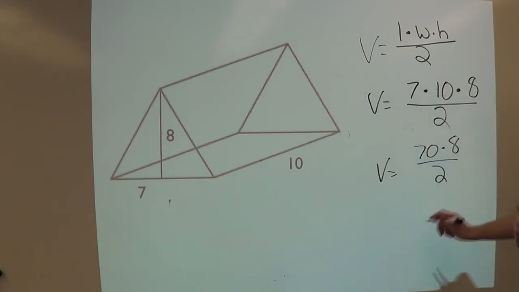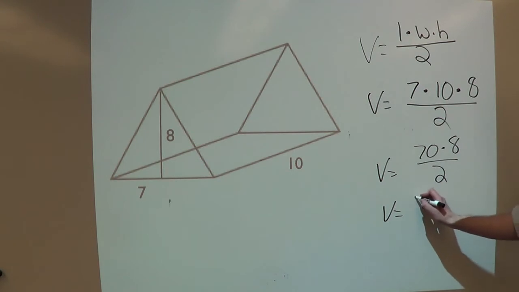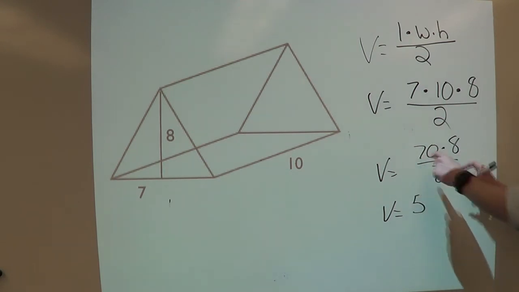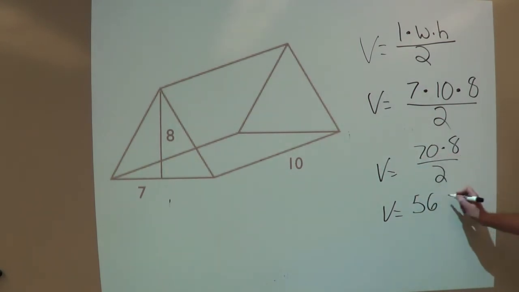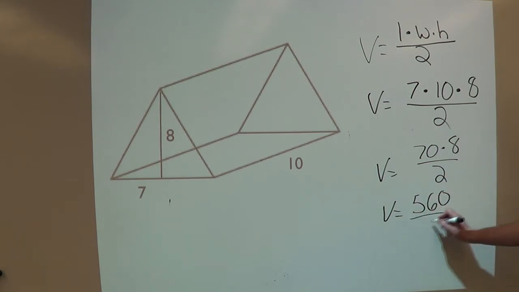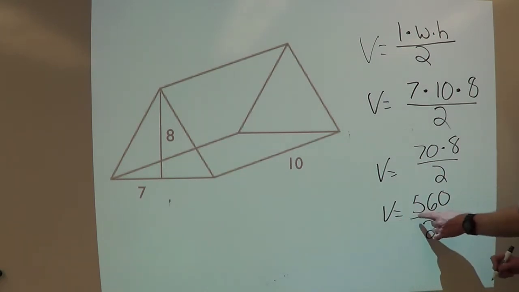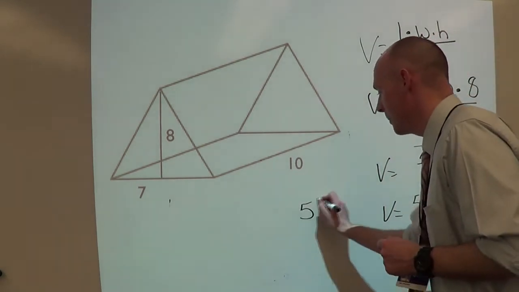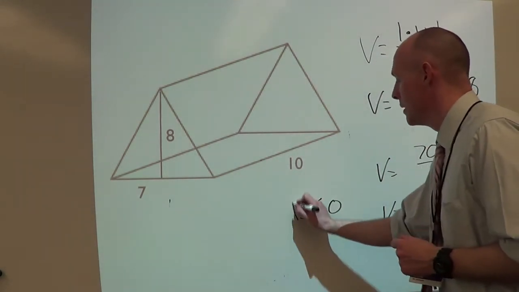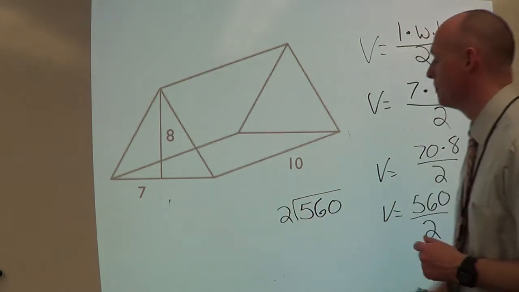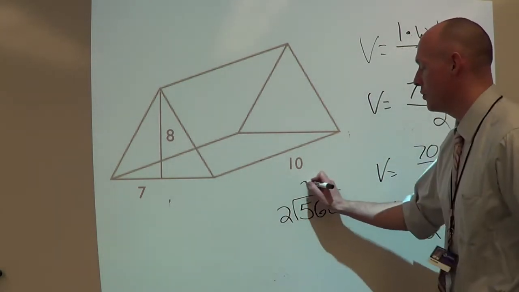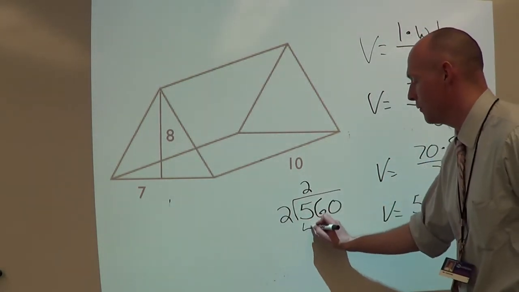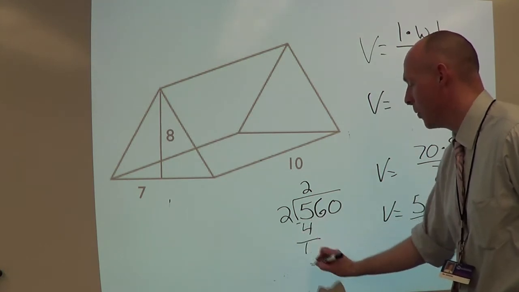Volume equals 70 times 8. Well, I know 7 times 8 is 56. Add a 0. Divided by 2. So volume equals 560 divided by 2. Off to the side, I'm going to write 560, and I'm going to divide that by 2. 2 goes into 5 2 times. 2 times 2 is 4. Subtract, we're left with 1.